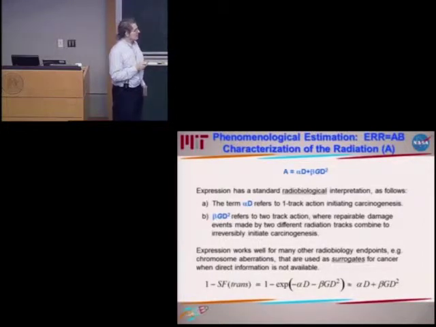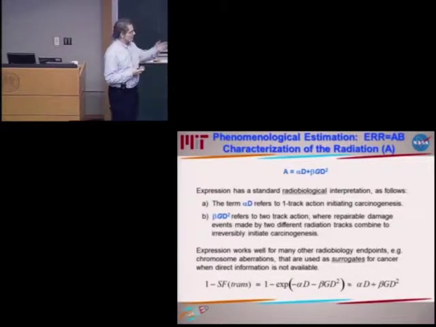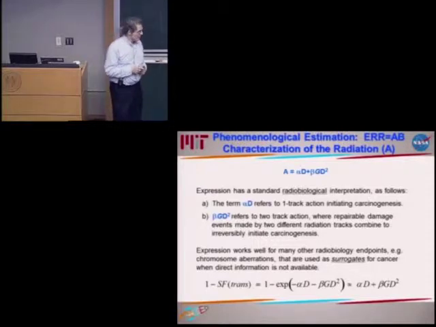So with that as our paradigm for induction of our endpoint here, carcinogenesis, one can think about the chance of a cell surviving transformation, surviving becoming a cancer. Same model. It's still that exponential of that form, but now we're talking about the chance of cancer elicitation. So if we take 1 minus that, it's the probability of cancer elicitation.